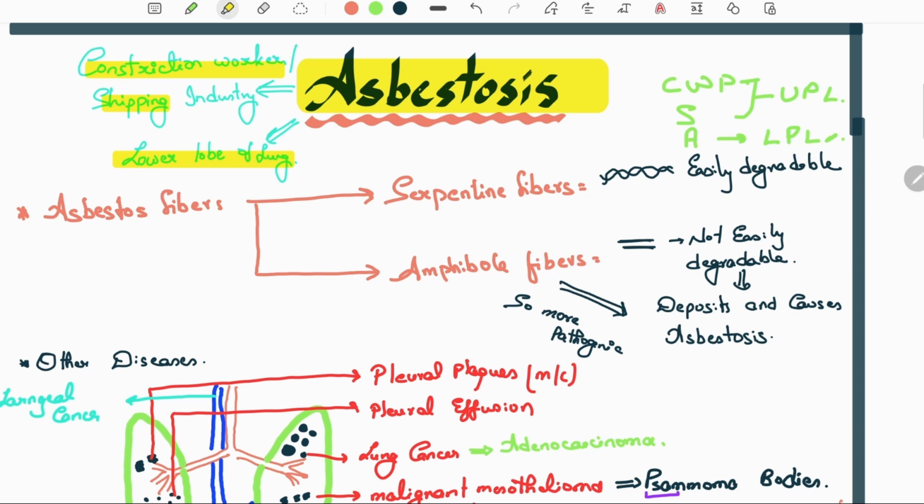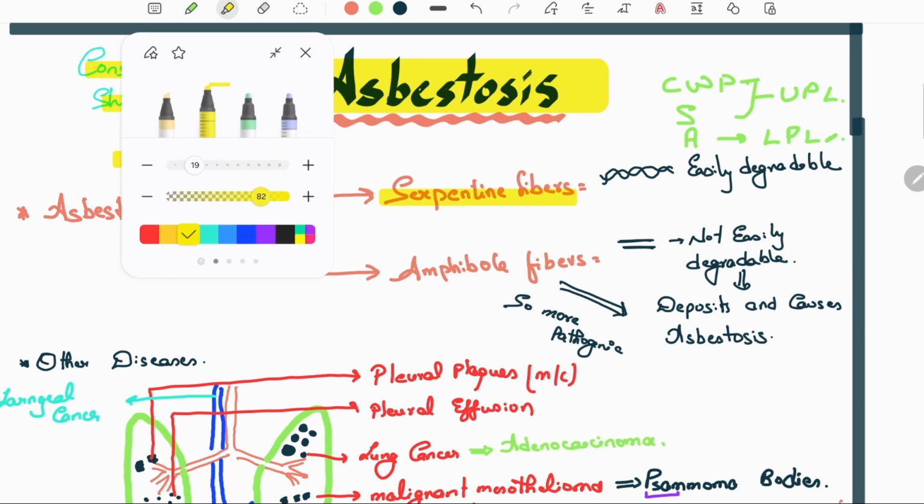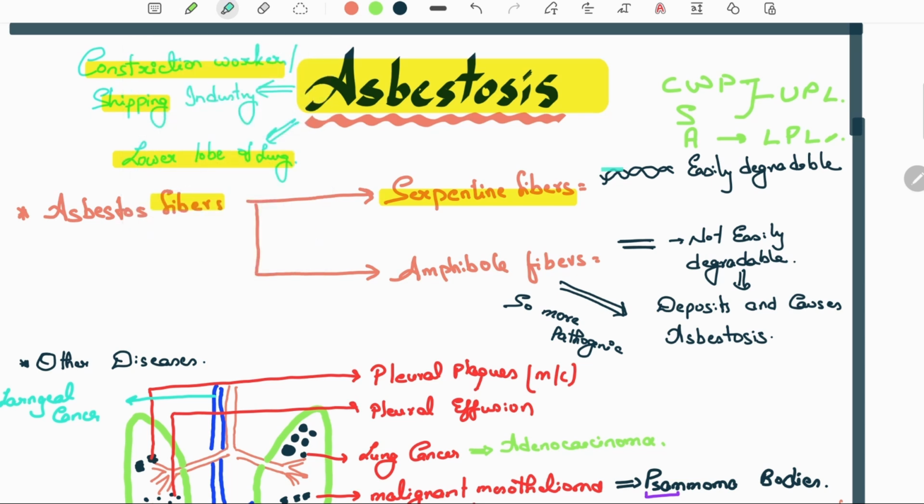Next one is asbestos fibers. There are two types of fibers. Depending on what kind of fiber entered into the lungs, the disease varies. First one is serpentine fibers. Name itself is saying that they are flexible and spindle-like, means they can be easily degradable.